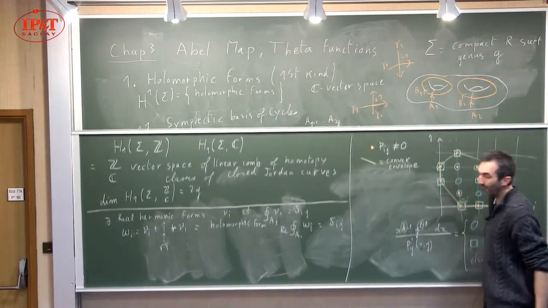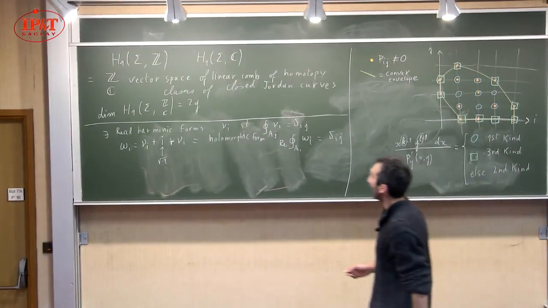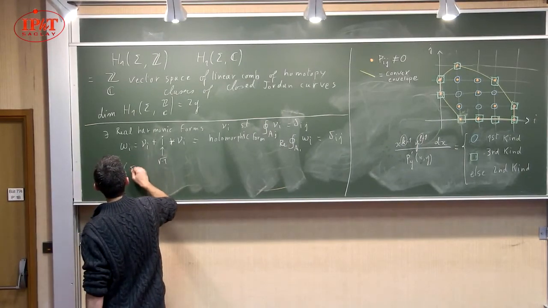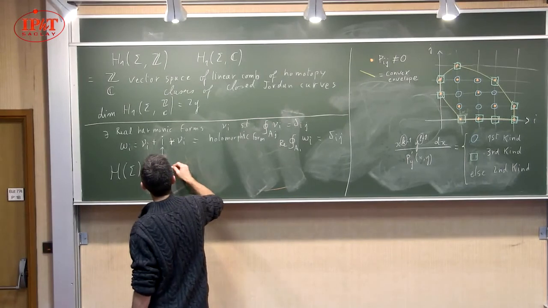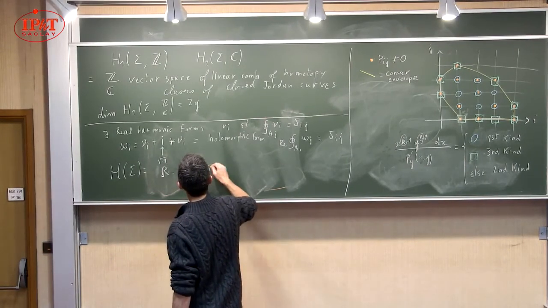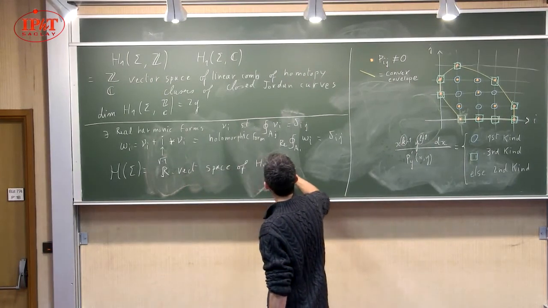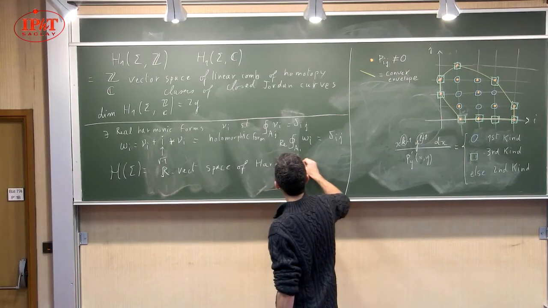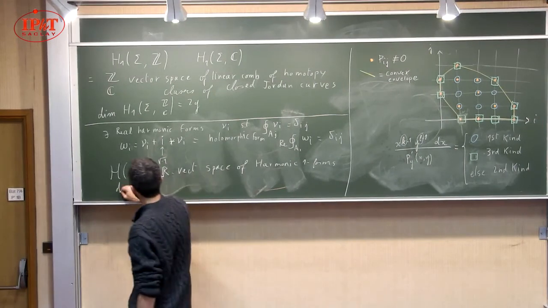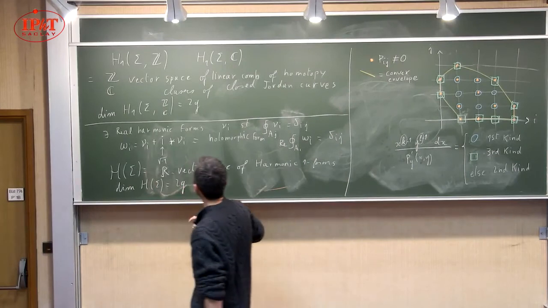So the idea is that, let me call H of sigma the real vector space of harmonic forms. Its dimension is 2G.